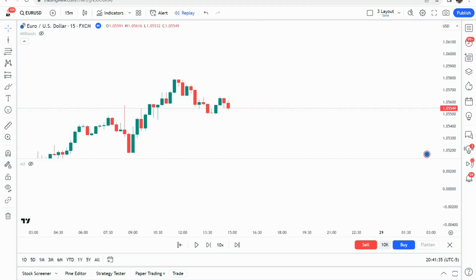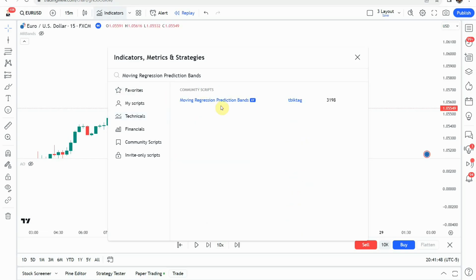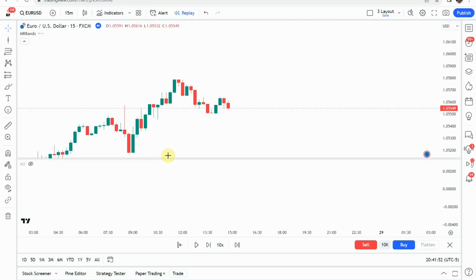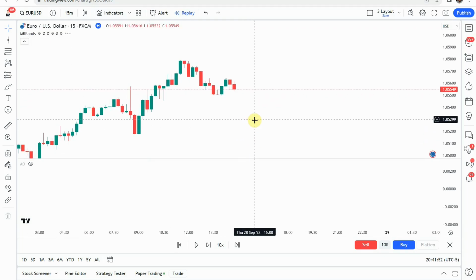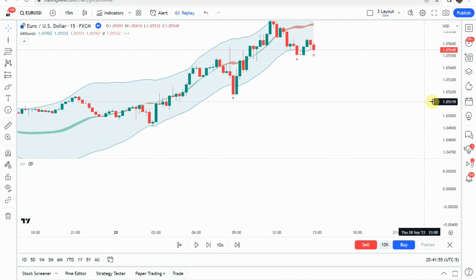And so the first indicator that we are going to put on screen is going to be the moving regression prediction bands, and it's going to be this one right here. And so you'll add that to screen and it will look like this right here.